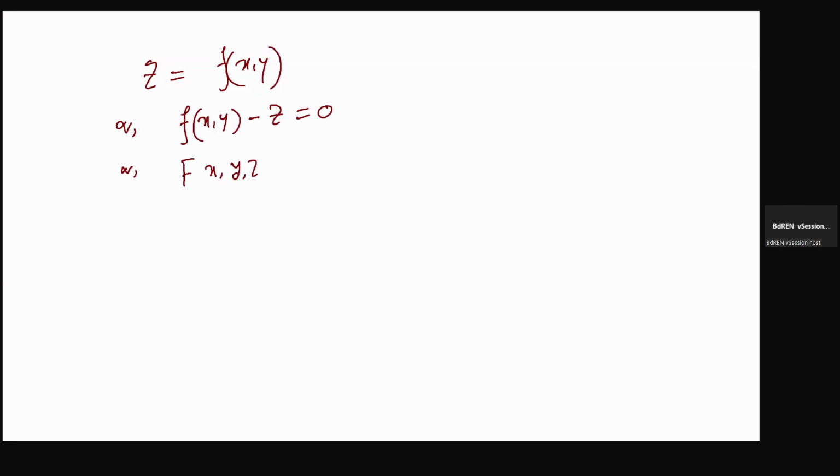Now we know that an equation of a surface in space is primarily denoted by z equal to f of x y. If we write this equation as f of x y minus z equal to 0, we can denote it as f of x y z equal to f of x y minus z equal to 0.